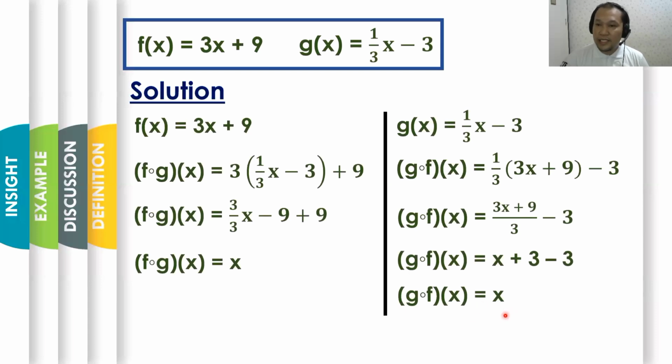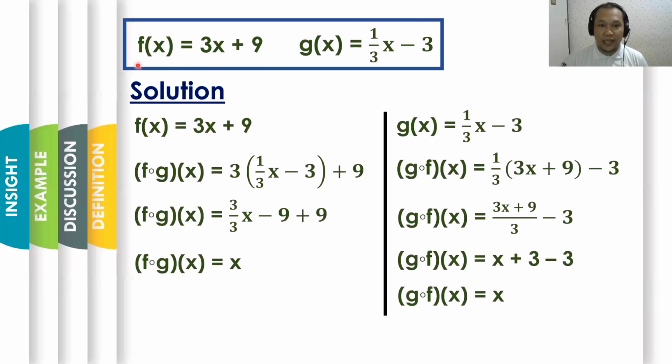Now, in this case, if the given two functions, after we perform composition of functions, arrive at x, it is understood that the given two functions are inverses of each other. Meaning to say, 3x plus 9 is an inverse of 1/3 x minus 3, and 1/3 x minus 3 is an inverse of 3x plus 9.